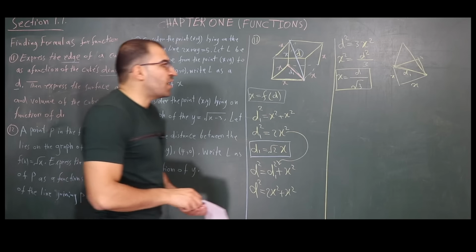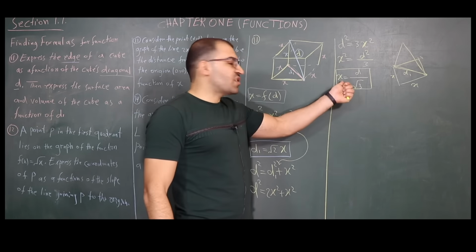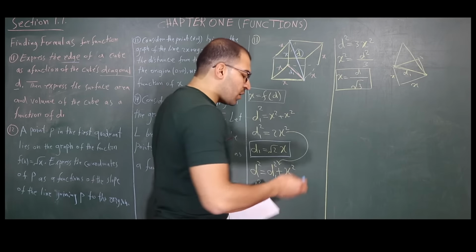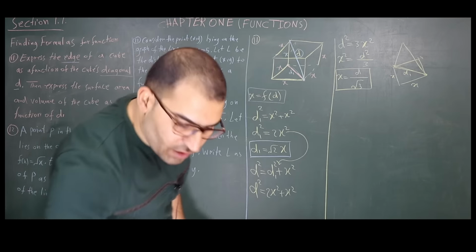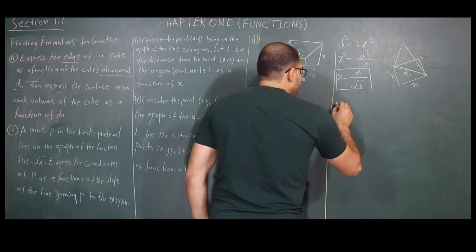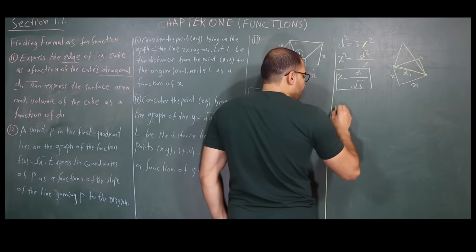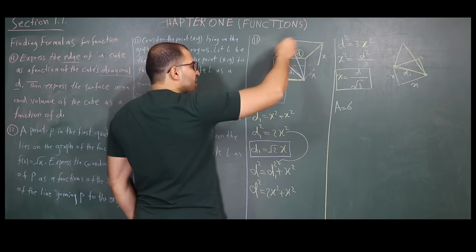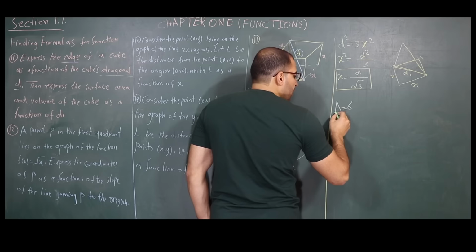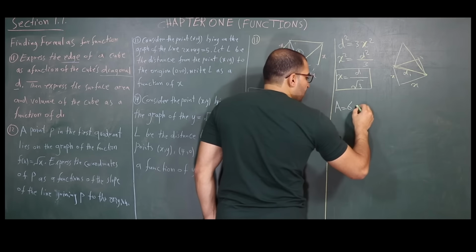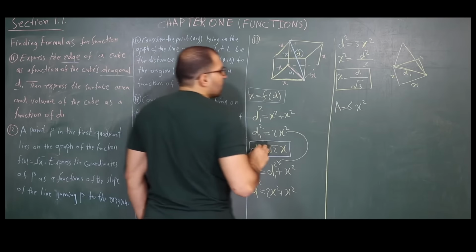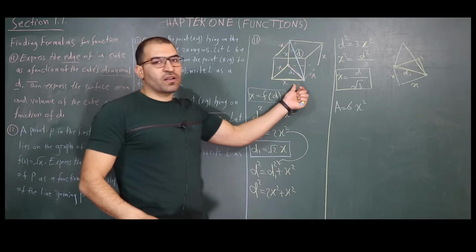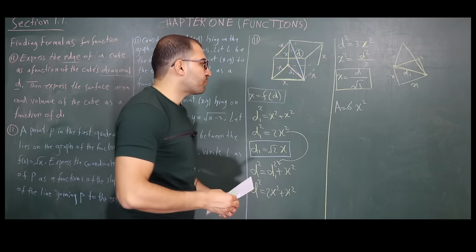As soon as we found the expression of the edge of the cube as a function of d, it's straightforward to express the area or the volume. The area will be the area of 6 squares, so 6 multiplied by x squared, since the area of a square is just x squared.